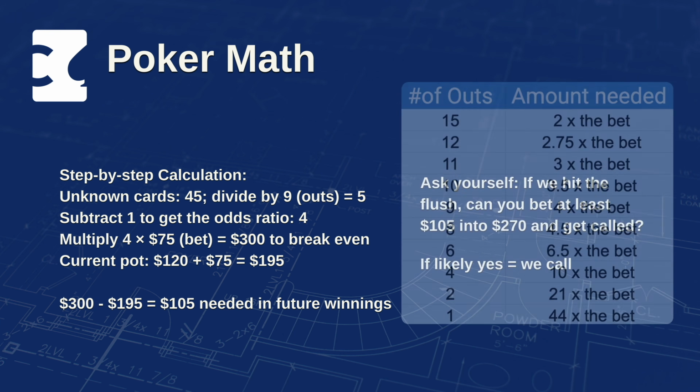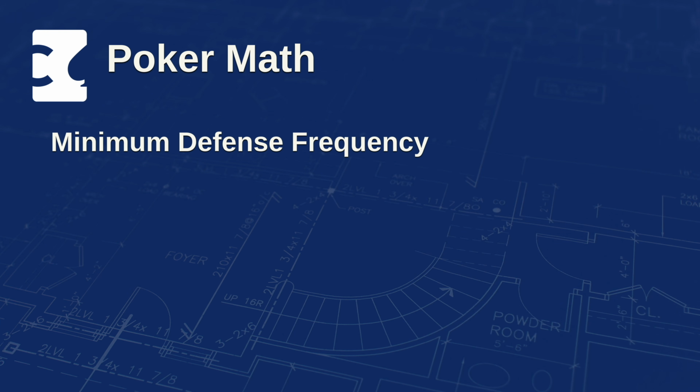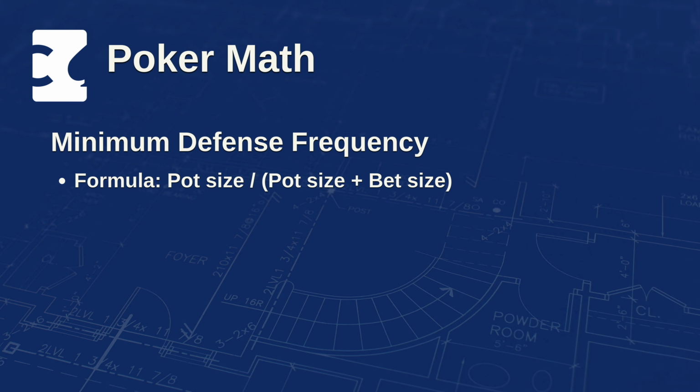Minimum defense frequency, or MDF. The formula is pot size divided by pot size plus bet size. And MDF is just the inverse of fold equity. So fold equity is the odds you need on your bluff, or how often your bluff has to work to break even.